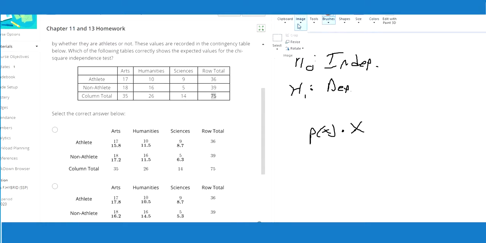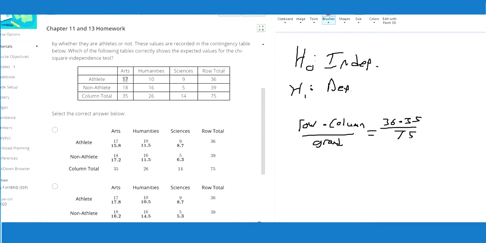A short description of how you calculate each expected value: let's start with athlete arts. Take the row total, multiply it by the column total, and then divide it by the grand total. The row total is 36, the column total is 35, and the grand total is 75.